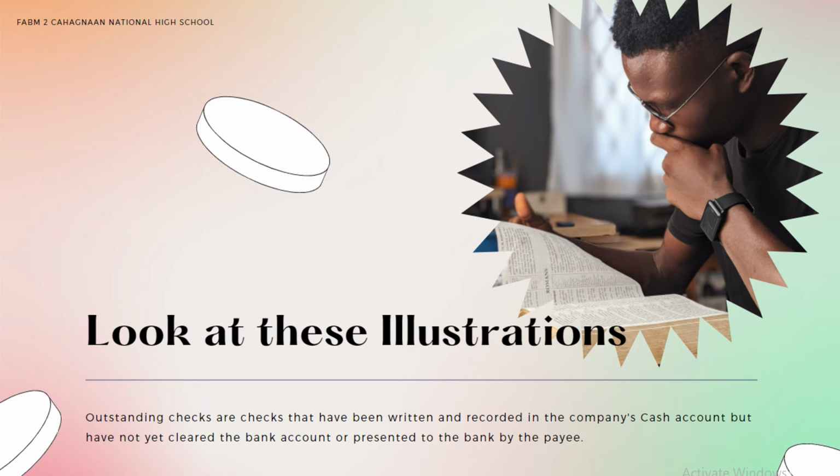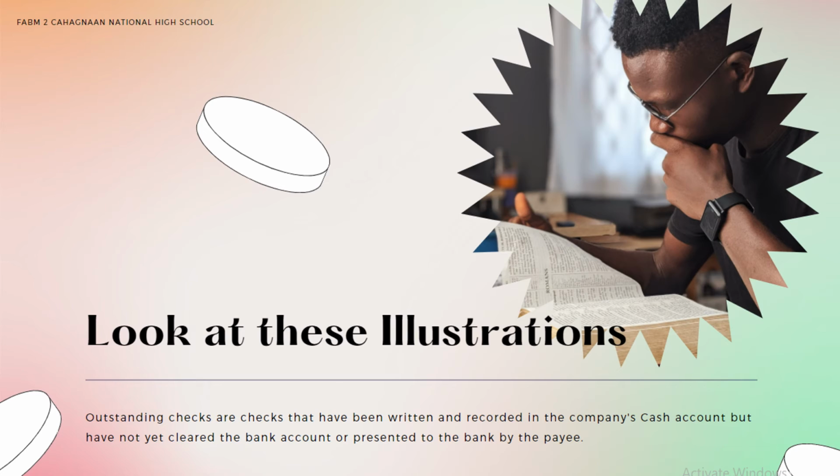Like for example, si company A nagbigay ng cheque. Subalit siguro busy si kliyente, or like for example, nagbigay siya ng Biyernes. Tapos Sabado at Linggo, walang open na bangko. Gustong-gusto ni kliyente na sa bank siya magpapa-encash.